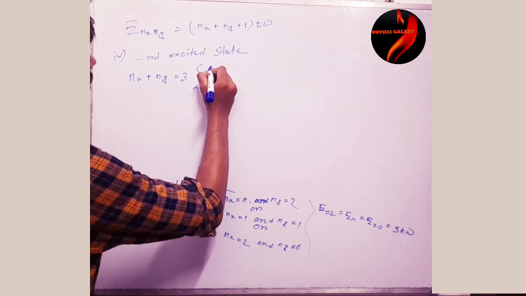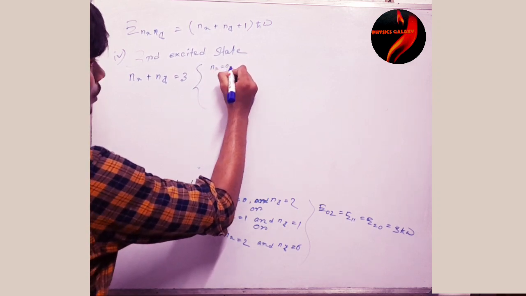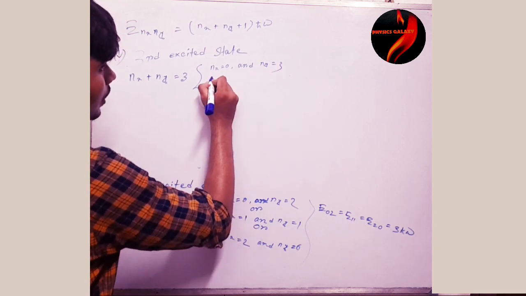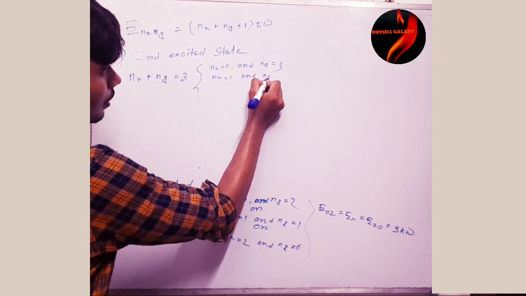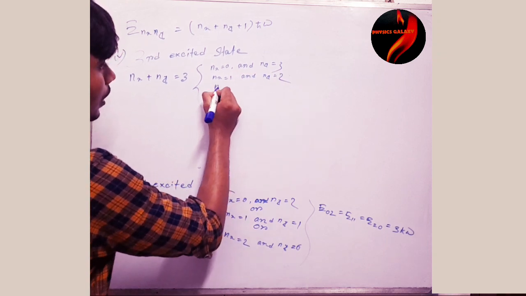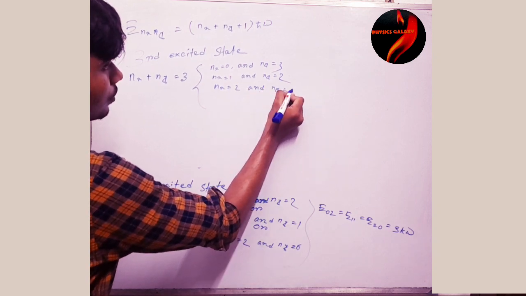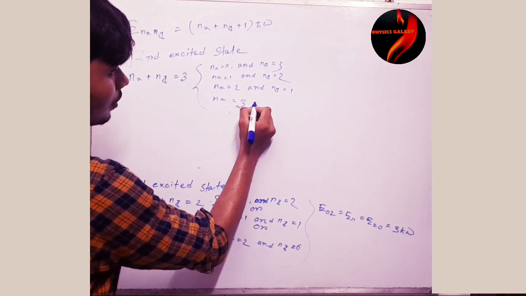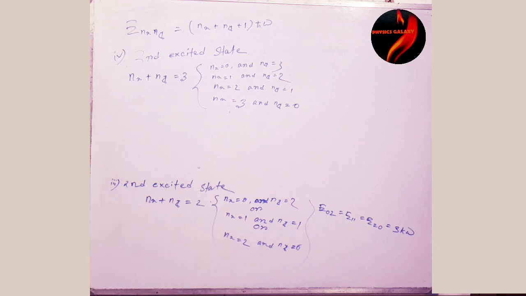So the combinations of nx and ny will be nx equals 0 and ny equals 3, nx equals 1 and ny equals 2, nx equals 2 and ny equals 1, nx equals 3 and ny equals 0.